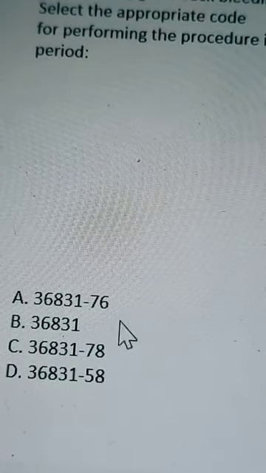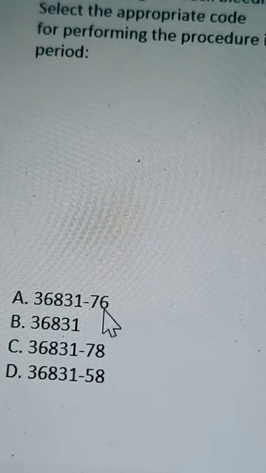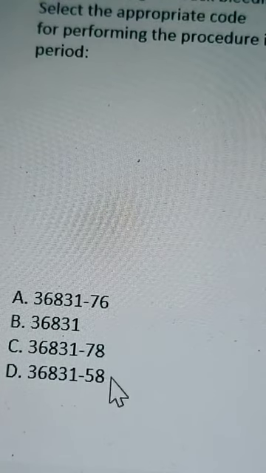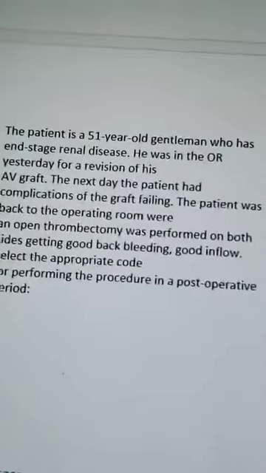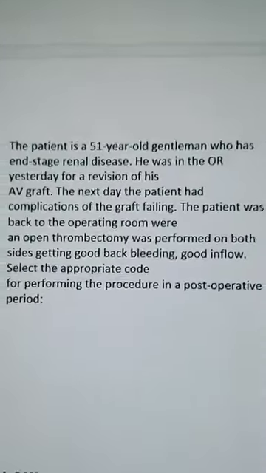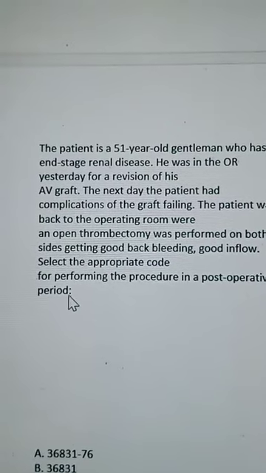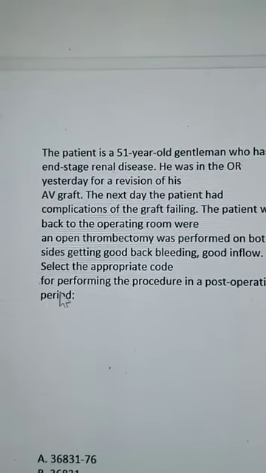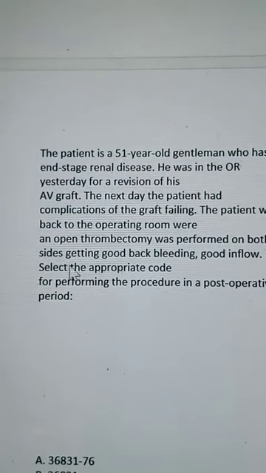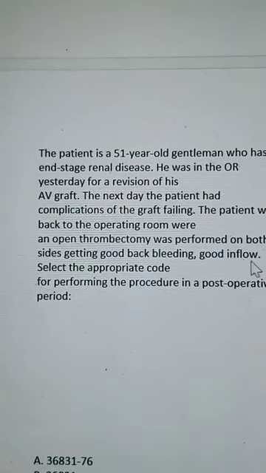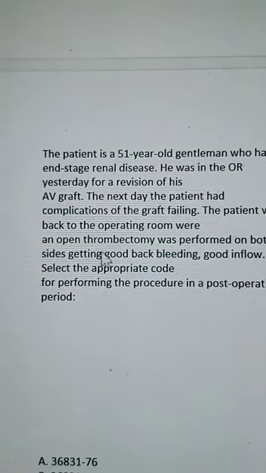I'm trying to remember them. 76 is repeat, 78 unplanned, 58 staged. So I'm only going to be looking at my question and looking for those particular terms right there. That's all. And I'm looking from the last word backwards. I'm not reading from the first word all the way down.